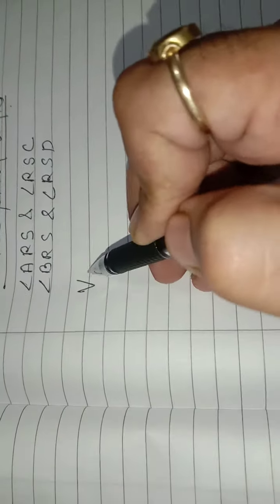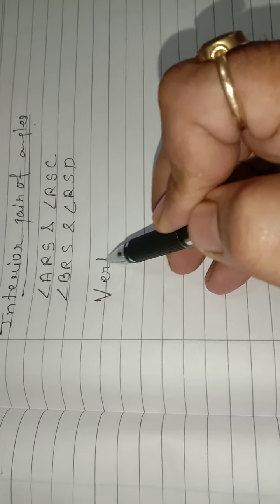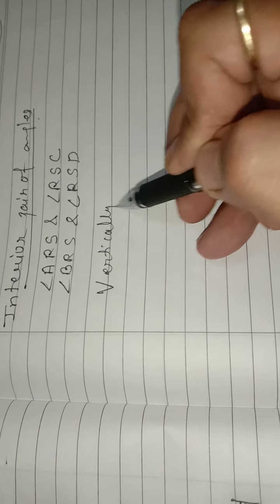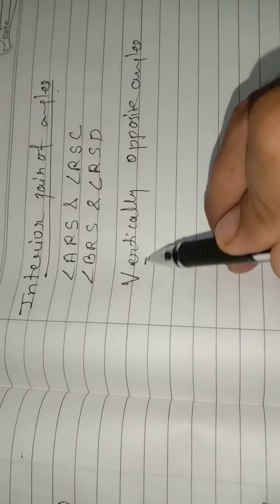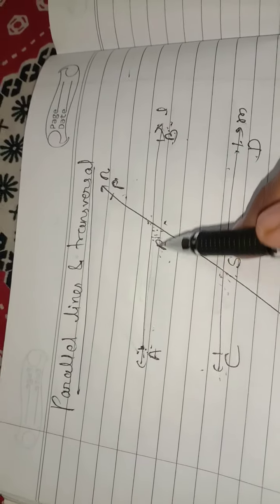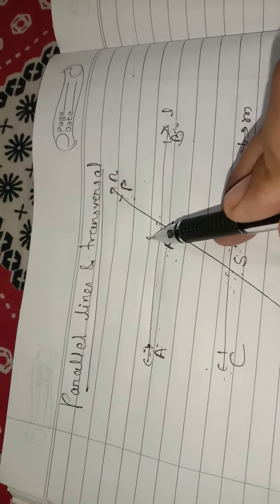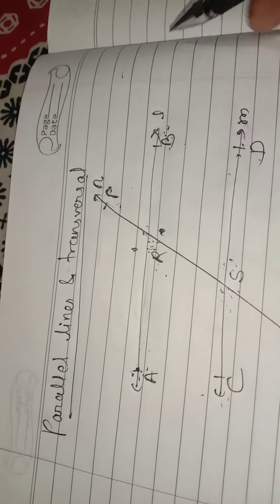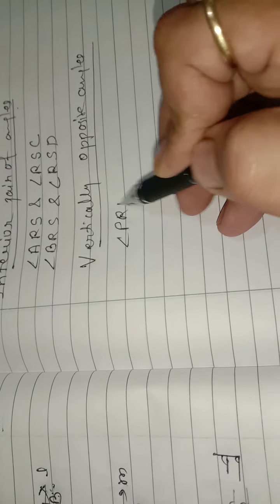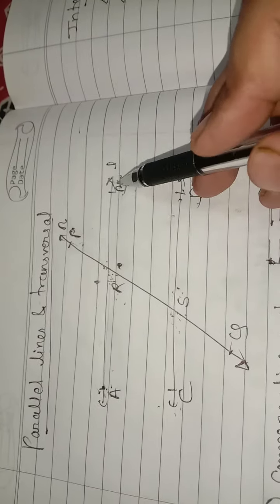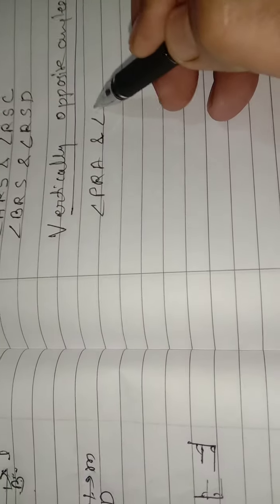And then we have vertically opposite angles. Now you can see here this angle and this angle. So I will write here angle PRA and BRS.